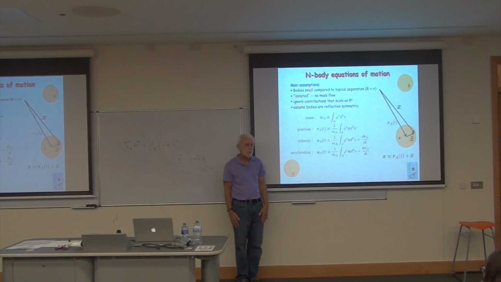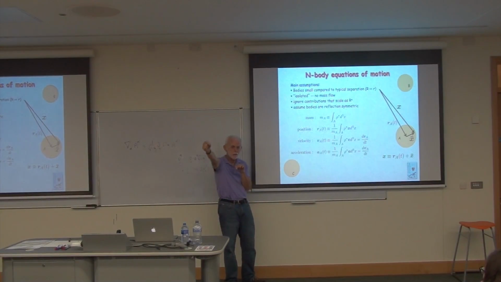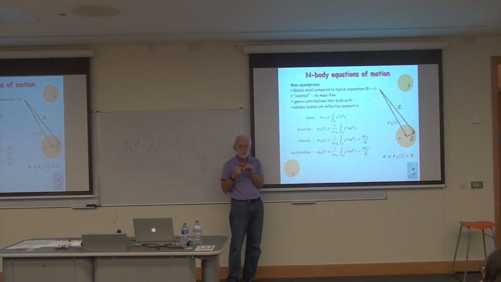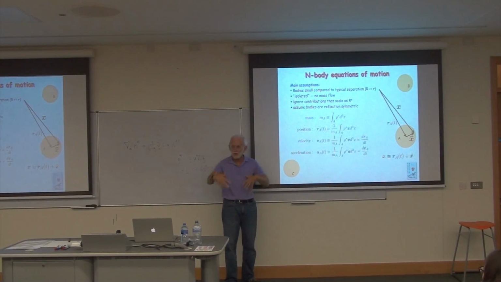In lunar laser ranging, we measure the distance between the telescope at the surface of the Earth and the reflector at the surface of the Moon. And then we use an algorithm to translate that into the center of mass. As long as that algorithm is internally consistent, the measurable quantity is the round-trip travel time from the telescope to the reflector and back. That's what you measure. You don't measure the center of mass, you infer it by some algorithm.